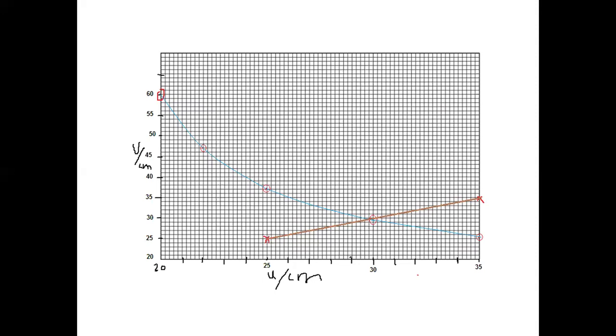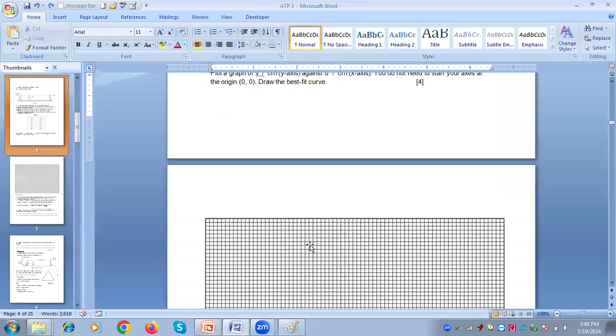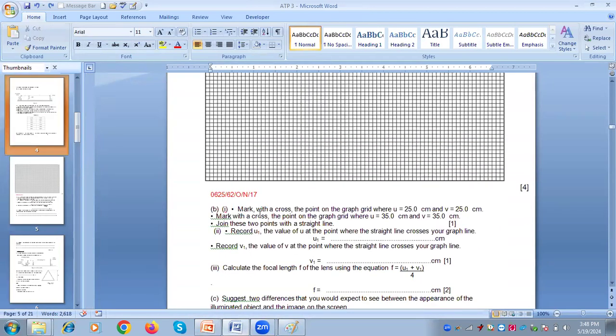And then what is the next instruction? Mark with a cross the point on the graph where u is 25 and v is also 25. You have to take the reading on the graph grid where v and u both are 25.